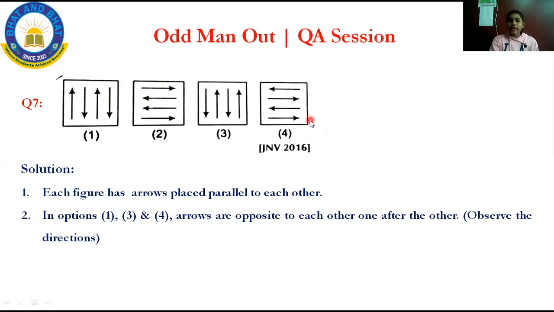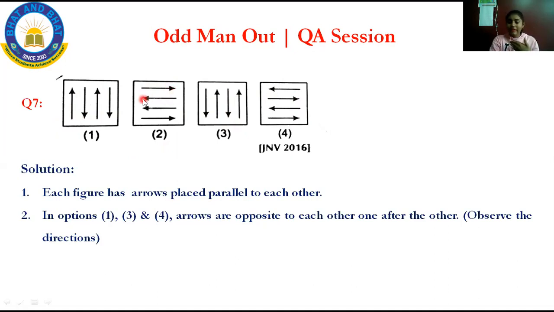Now compare options 1, 3, 4. The arrows are opposite to each other. See, the first arrow is upwards and downwards, and upwards, downwards. Here also upward, downward, upward, downward. Here also right, left, right, left. But in option 2, can you look here?